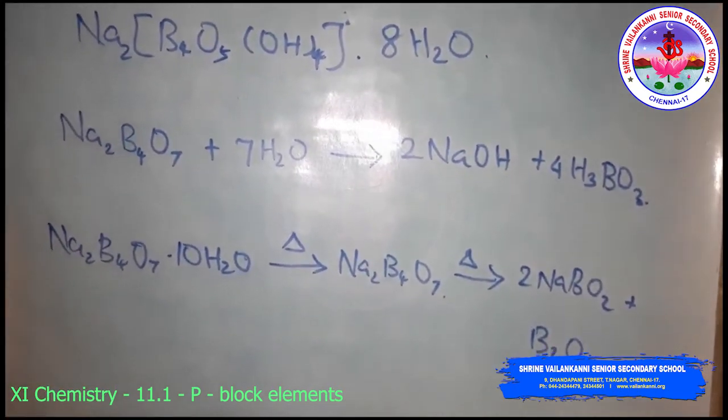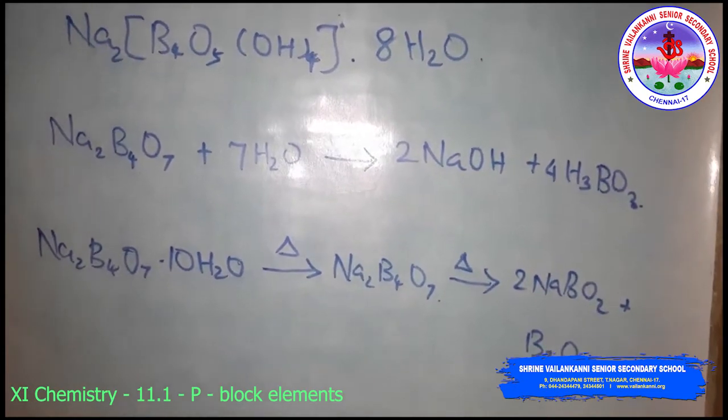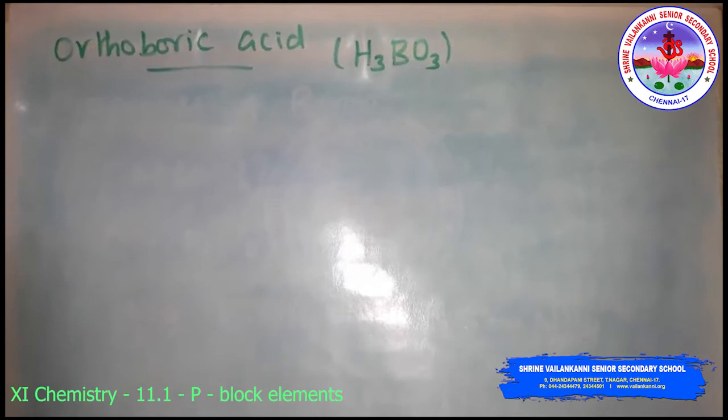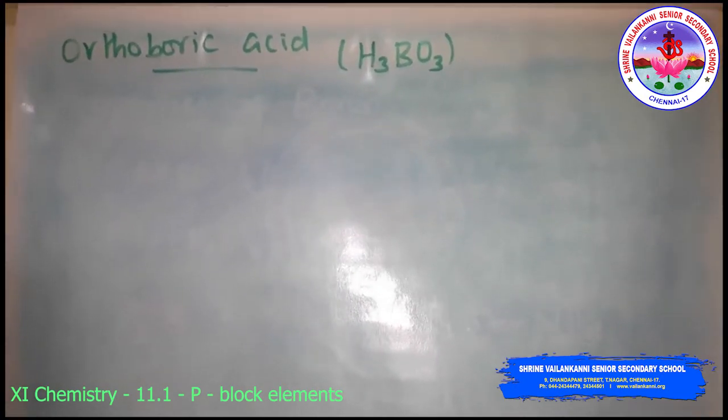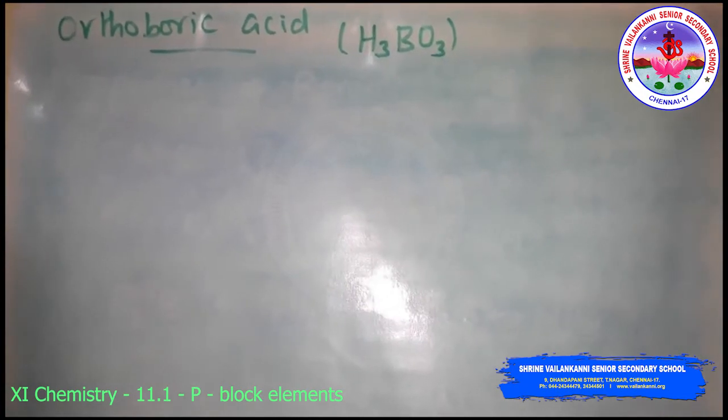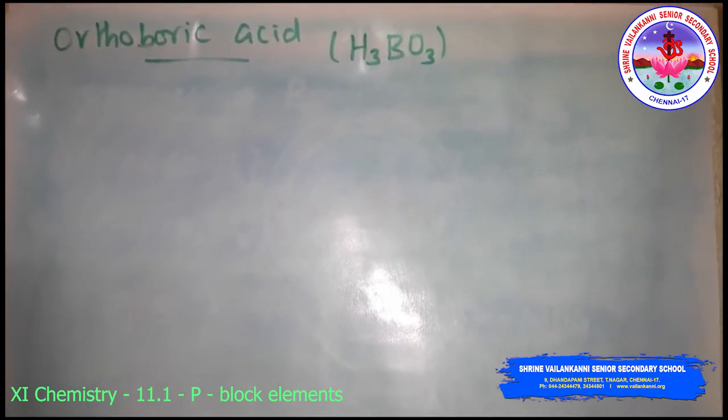Okay. Next is orthoboric acid. Orthoboric acid, H3BO3, is a white crystalline solid with a soapy touch. It is sparingly soluble in water but highly soluble in hot water.